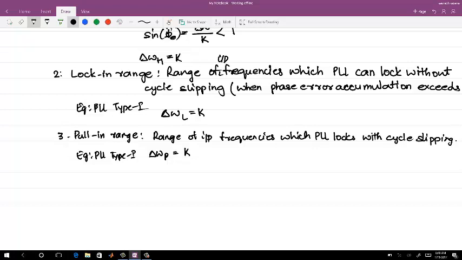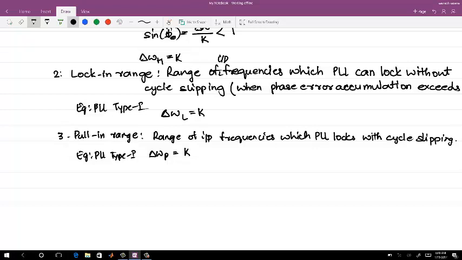What you are saying is I have a PFD which detects the phase error, but the thing applied to the VCO always keeps on increasing till it locks. So the PFD detects the phase error, but the phase error keeps on accumulating till you lock in. What will you call that? Integrator. As soon as you have another integrator, it is no more a type 1 PLL. So that is one reason why you go for a type 2 PLL.